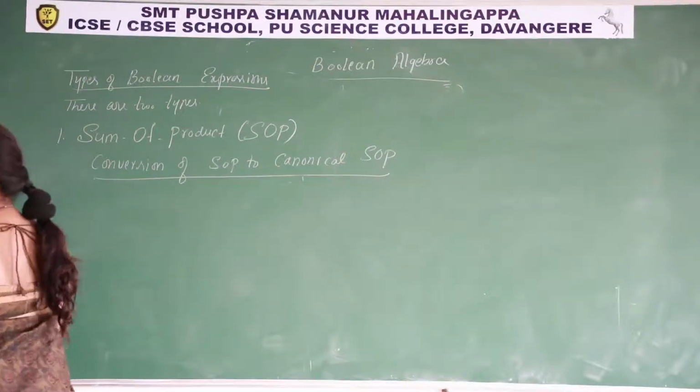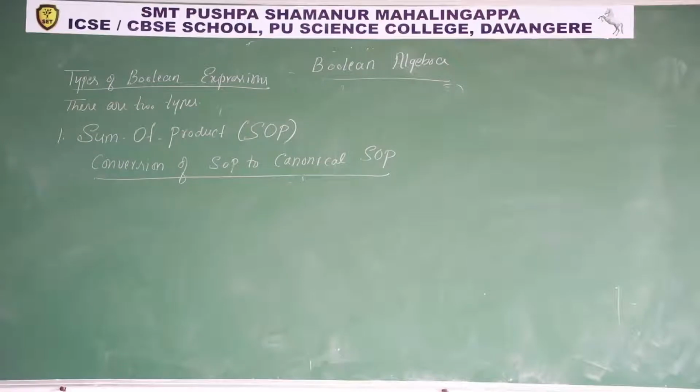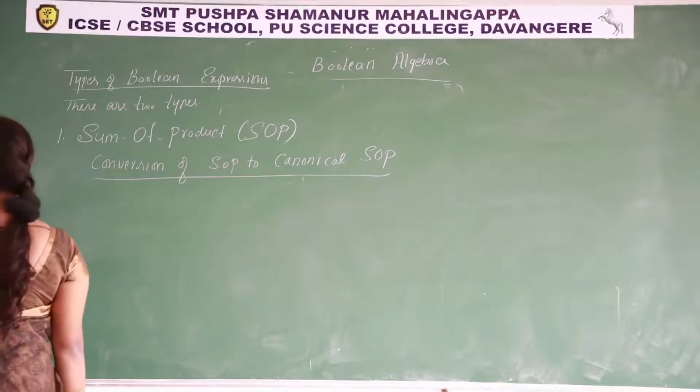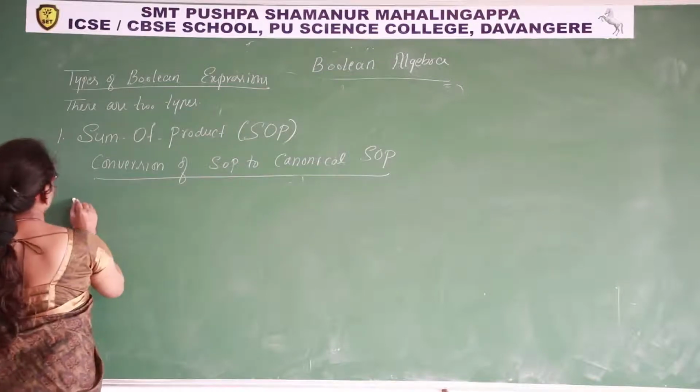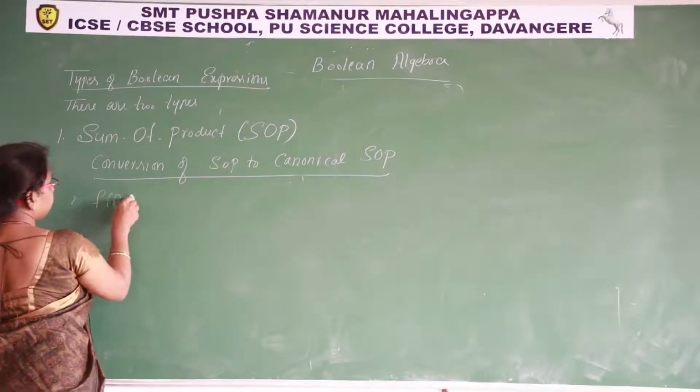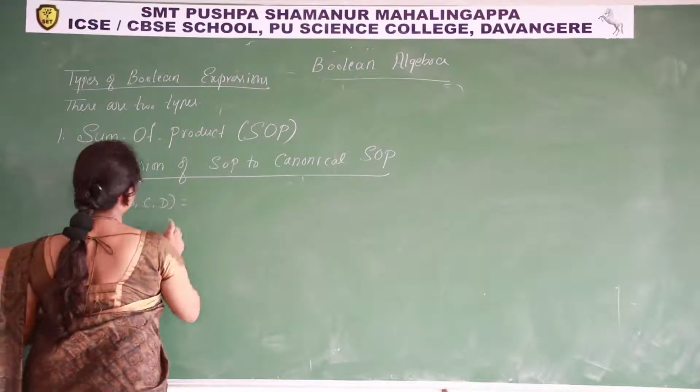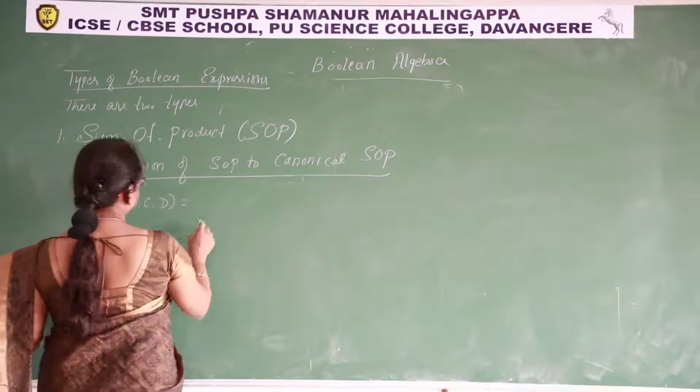Another example. AC plus CD. F of A, B, C, D is equal to AC plus CD.